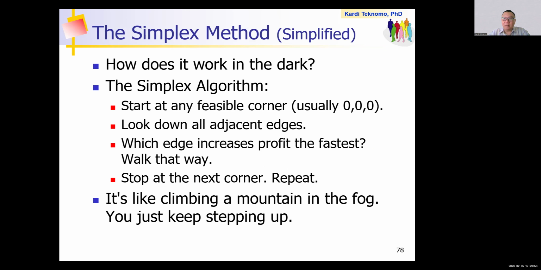So the question is, how does the computer solve, say, a 1,000 variables problem without a map? This is the algorithm called simplex. Imagine you are climbing a mountain top, but in the fog. You cannot see the peak, but you can still feel if the step goes up or not. So you take that step, blindly touching the surroundings of your situation.